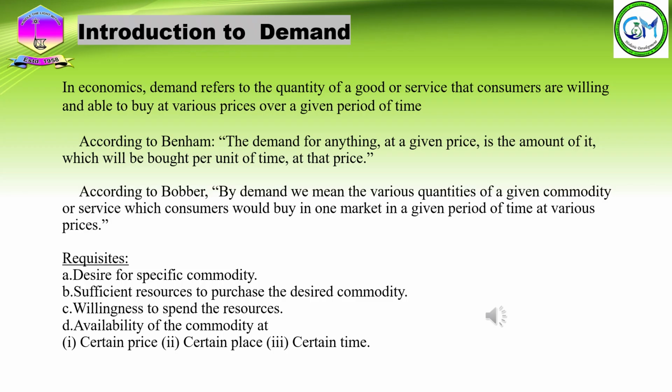What are the requisites for demand? A desire for a specific commodity, sufficient resources to purchase the desired commodity, the willingness to spend the resources, and the availability of the commodity at a certain price, certain place, and certain time.